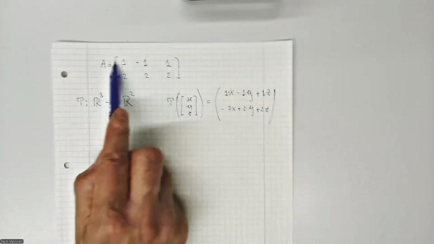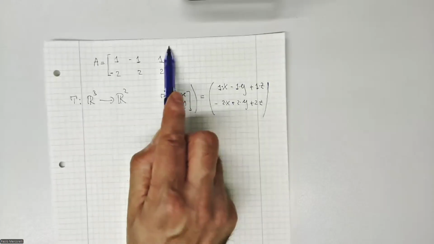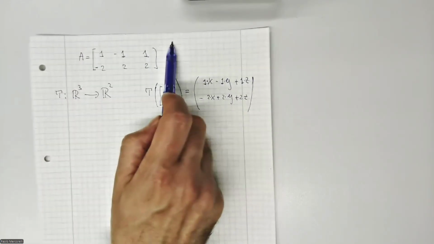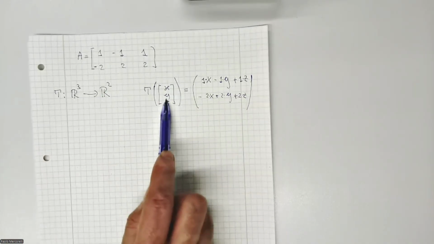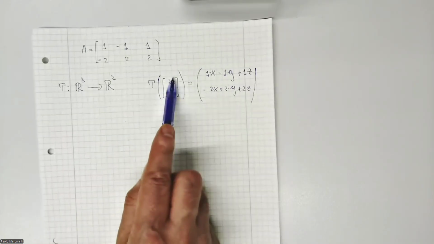If I apply this matrix to x, y, z, this was the idea. I don't want to repeat it, but to try to write the transformation in terms of a matrix. A row multiplies a column, which defines the domain R^3 because we have 3 variables.